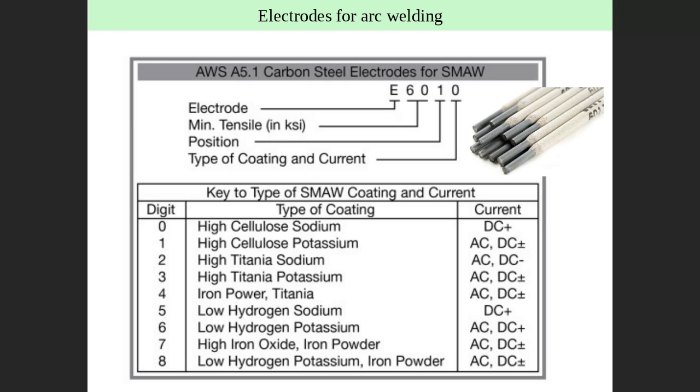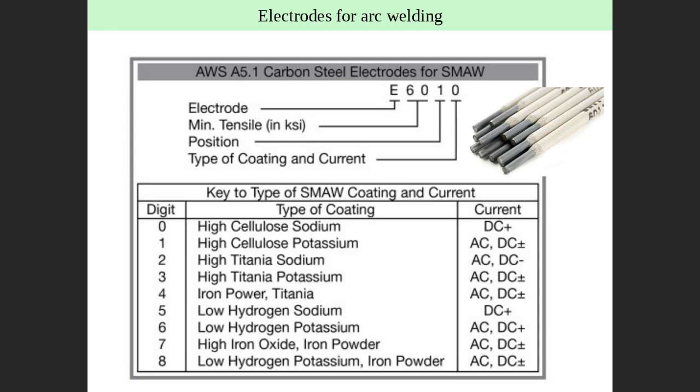Never weld dissimilar material by fusion welding, generally. So E is the electrode, 60 is the tensile strength of the filler material. This is the position 1, 2. The 0 here is the type of coating and current. This is the coating.